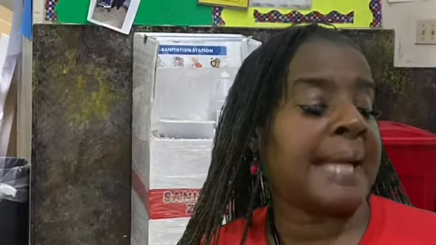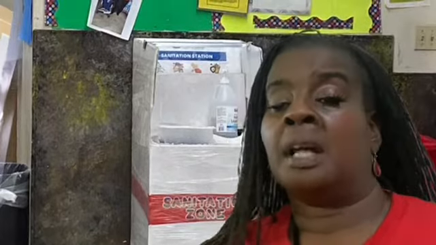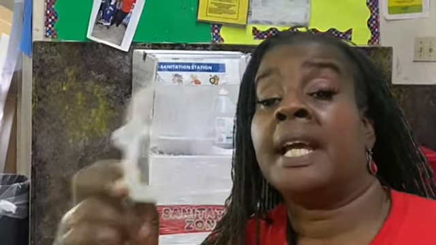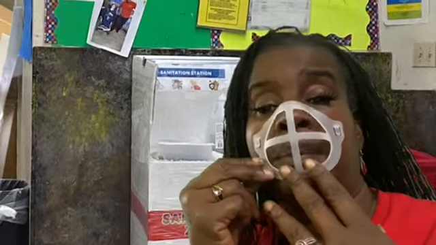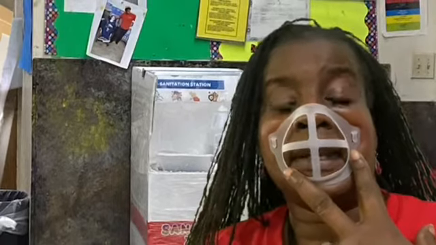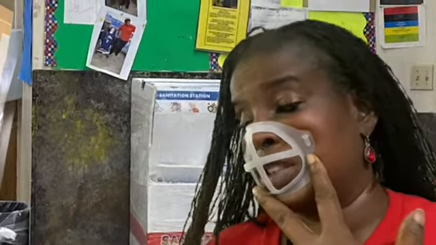I have been passing out a little item called a turtle. And the turtle is an item that you wear underneath your mask. And it helps you to breathe better. So I'm going to show you when you see me walking around with my mask on. Underneath my mask is a turtle.